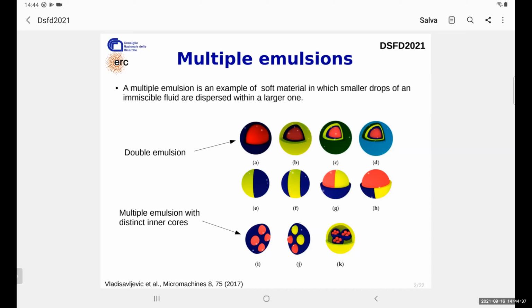You have several droplets which do not merge, because in experiments they typically include a surfactant adsorbed onto the interface of these cores, and this prevents coalescence. They are immersed in a fluid, which can be, for example, oil, and then, as before, this is surrounded by another continuous fluid, for example, water again. We will mainly focus on this example, and we will see that there is an important role played by the number of the cores and the volume fraction occupied by the cores in characterizing the topological and mechanical properties of these systems when they are subject to a flow.